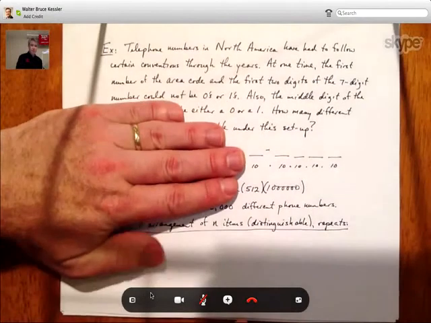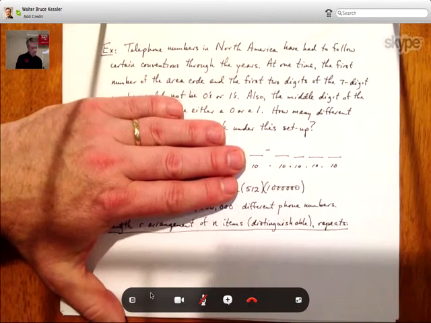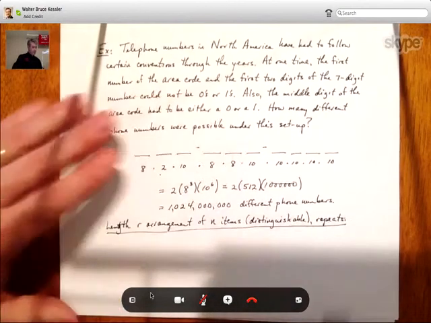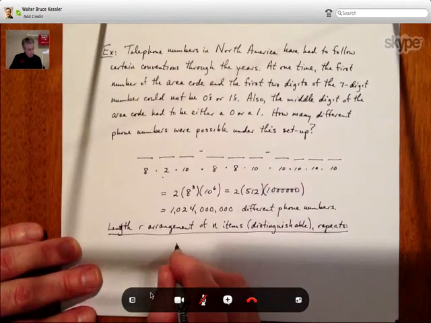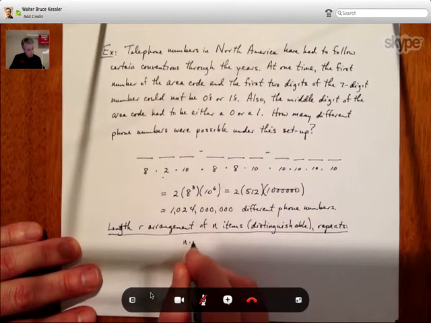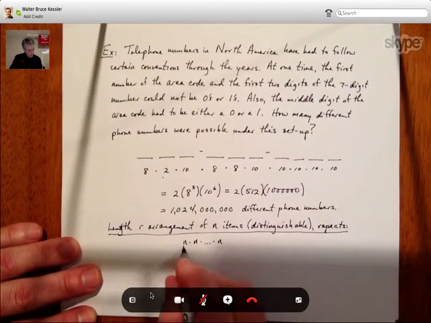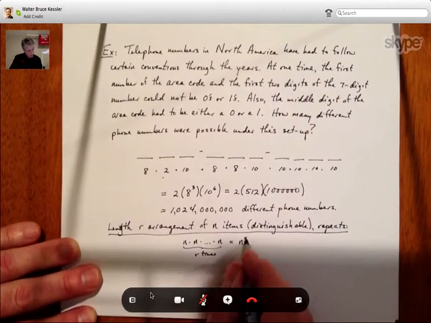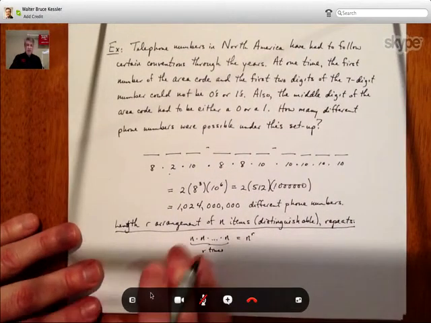That would be this kind of situation right here, where I've got an arrangement of a certain length, and I've got n choices for each thing, and they're distinguishable choices. Then you've got the R slots, n times n times n, R times. So this is n to the R.